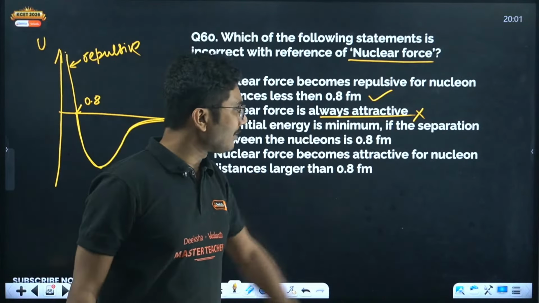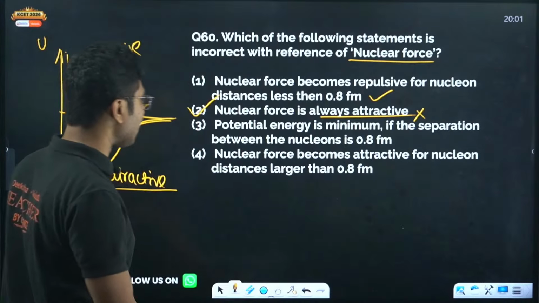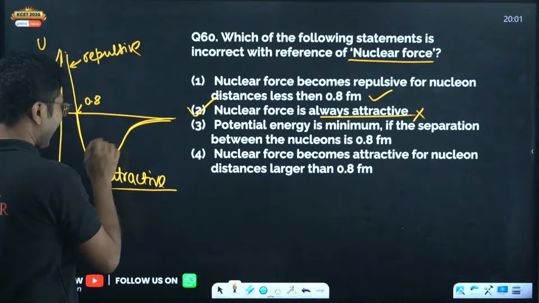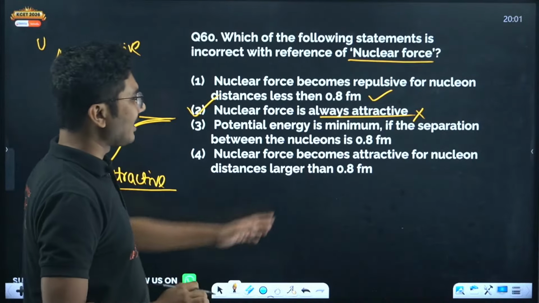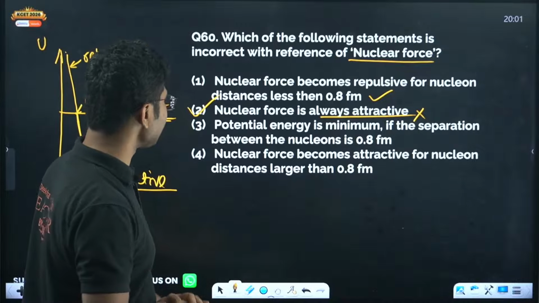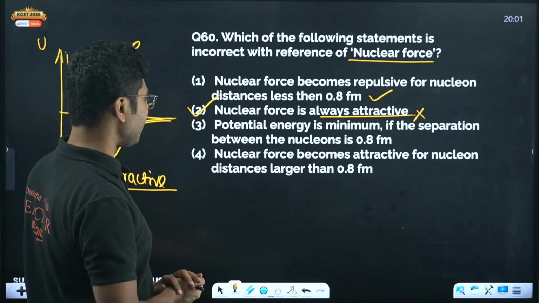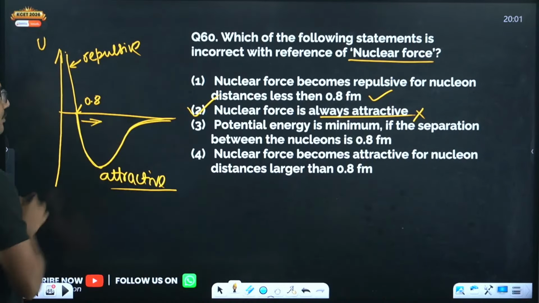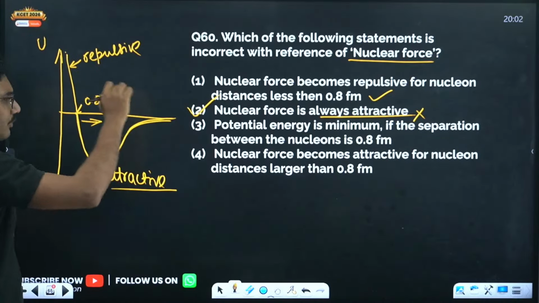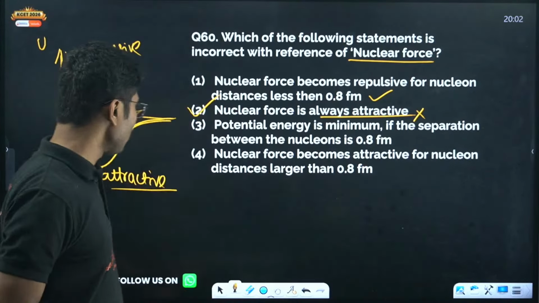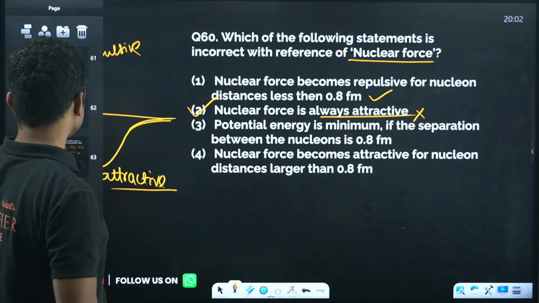Potential energy is minimum if the separation between the nucleons is about 0.8 femtometer, so you can say potential energy is minimum exactly at 0.8 femtometer. Nuclear force becomes attractive for nucleon distances larger than 0.8 femtometer. Yes, as the distance goes beyond 0.8 femtometer, the nuclear force becomes attractive. A similar question was asked in your PU exam once.